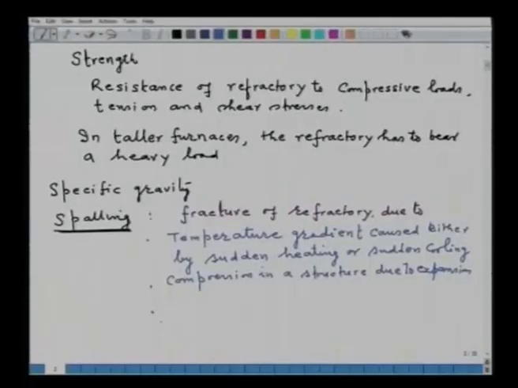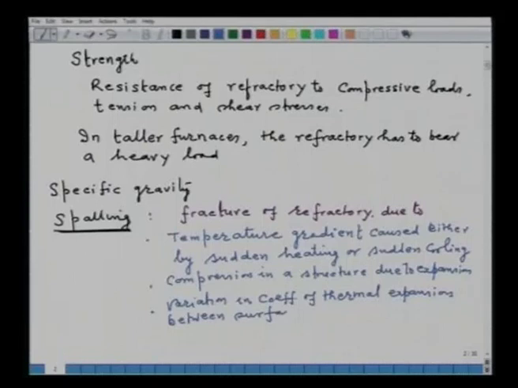Another reason could be variation in coefficient of thermal expansion between the surface layer and the body of the brick.